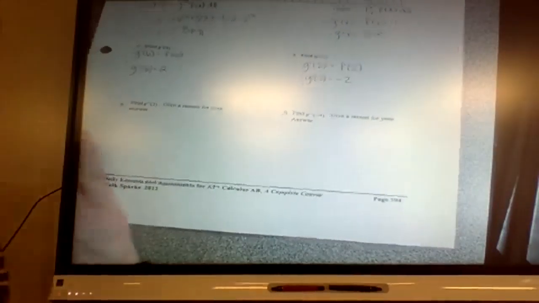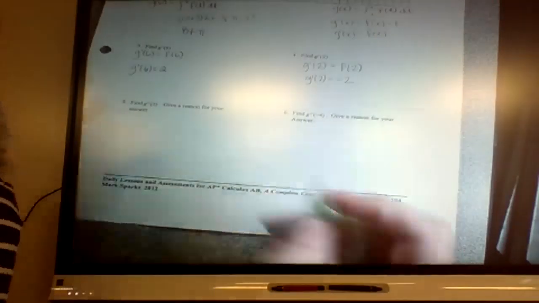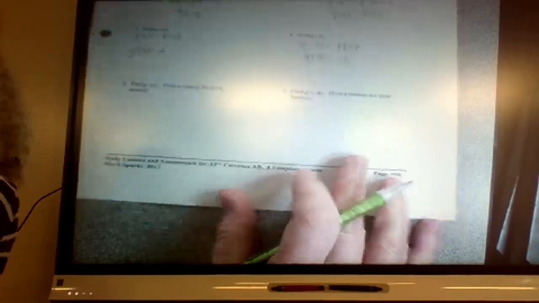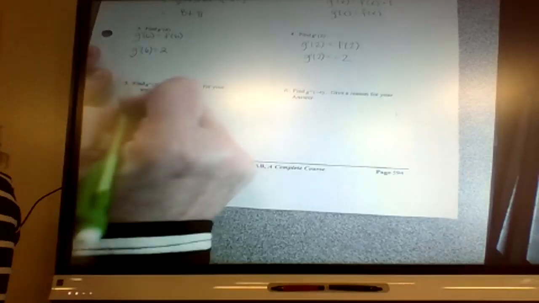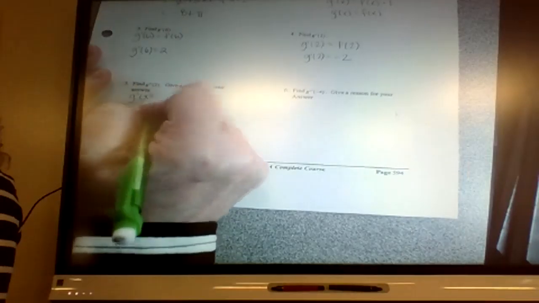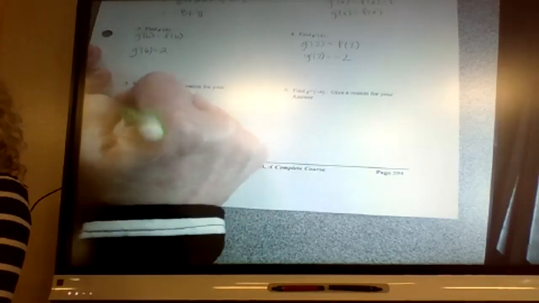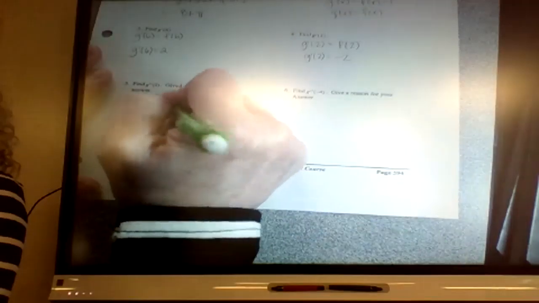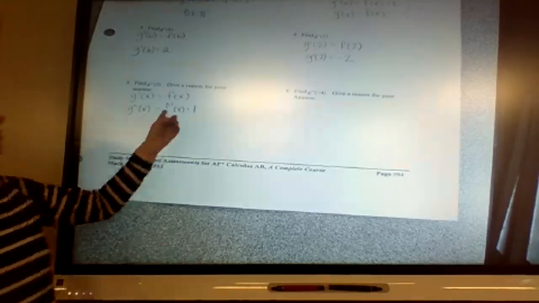All right. And then I feel like I remember saying something about looking at number 5. We need g double prime of 2, and then we have to give a reason for our answer. So if g prime of x equals f of x, then g double prime of x would equal f prime of x times 1, right? Because it's the derivative.